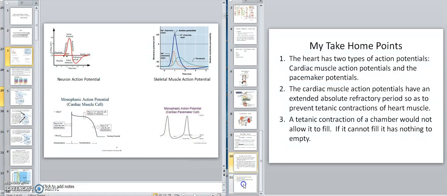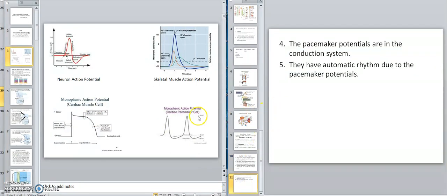All right. Now, the pacemaker potentials here have autorhythmicity. This overshoot right here, if you want to read in my deal, this hyperpolarization right there, causes the opening of slow sodium channels. And you can read on that.